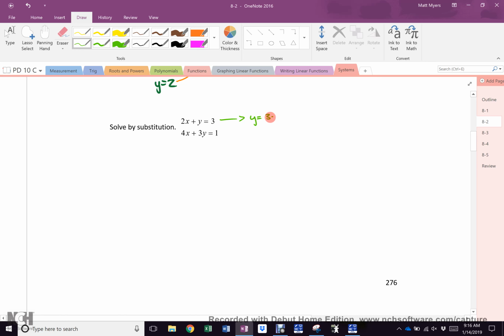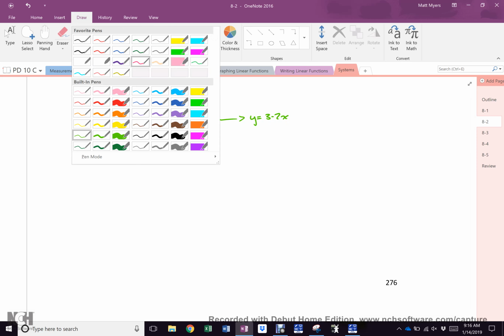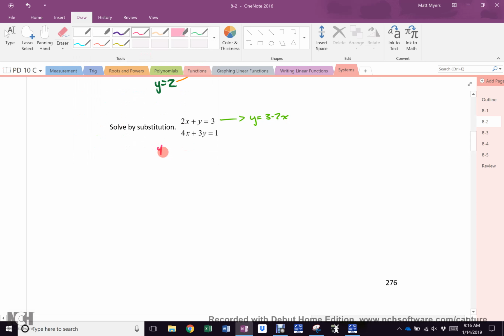Y equals 3 minus 2x. And then I think I worked in pink. So 4x plus 3 times 3 minus 2x. What made it minus 2x? When I moved the positive 2x over here, it became negative.